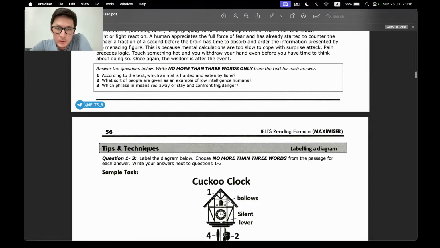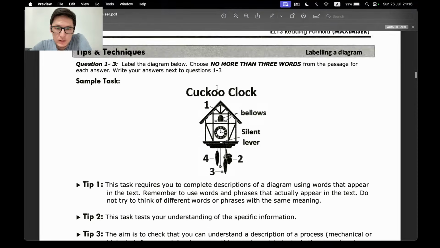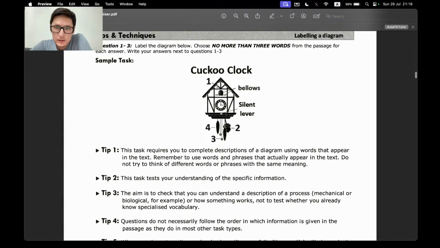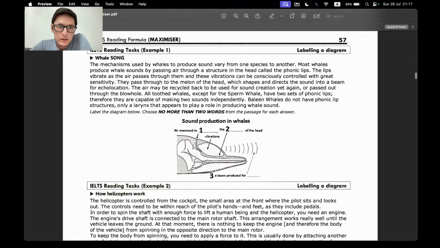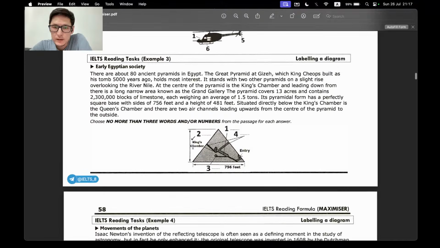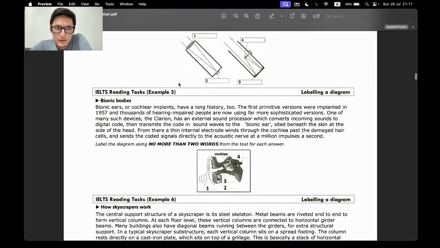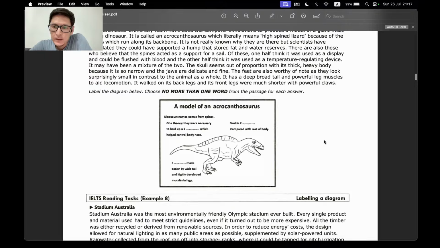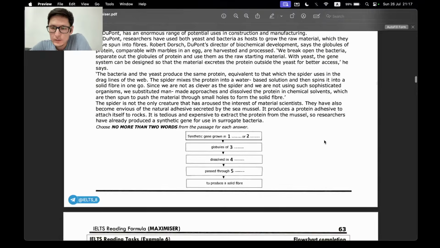No more than 3 words, no more than 2 words. This one, you can read it and do it yourself. Sample task, no more than 3 words. You have to write down the words, and so on. Labeling a diagram. You can see the task and the text where it's located. Labeling a diagram. What else? Flow chart completion.